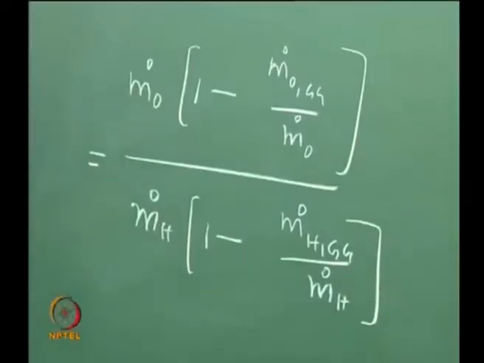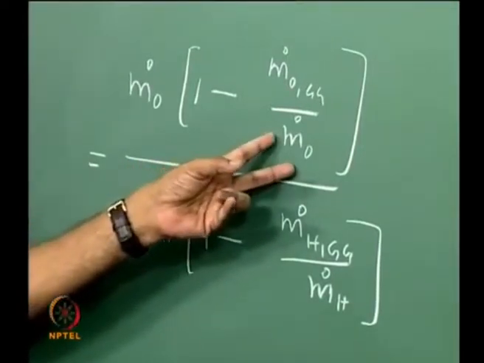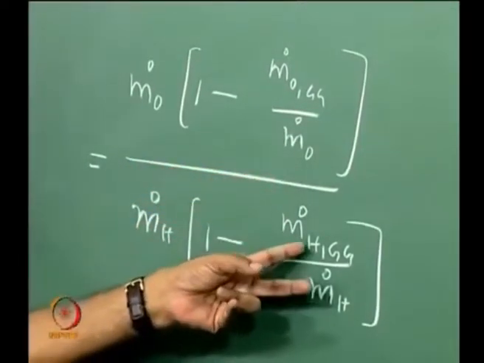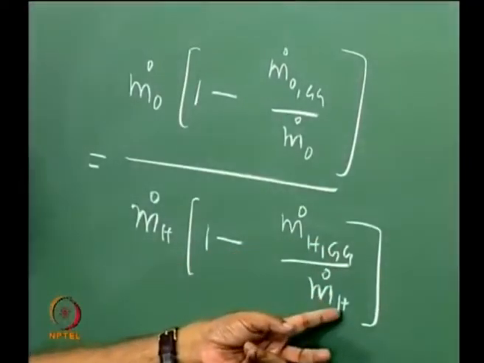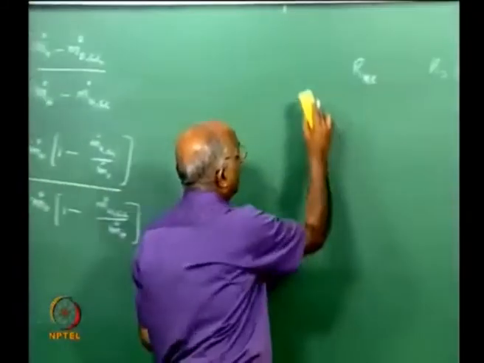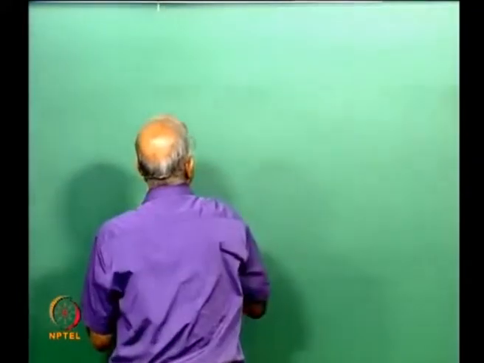And how do I get this value of m dot O which is going through the gas generator, or m dot H which is going through the gas generator, relative to the total hydrogen flow? We have already done something very similar in the last class.